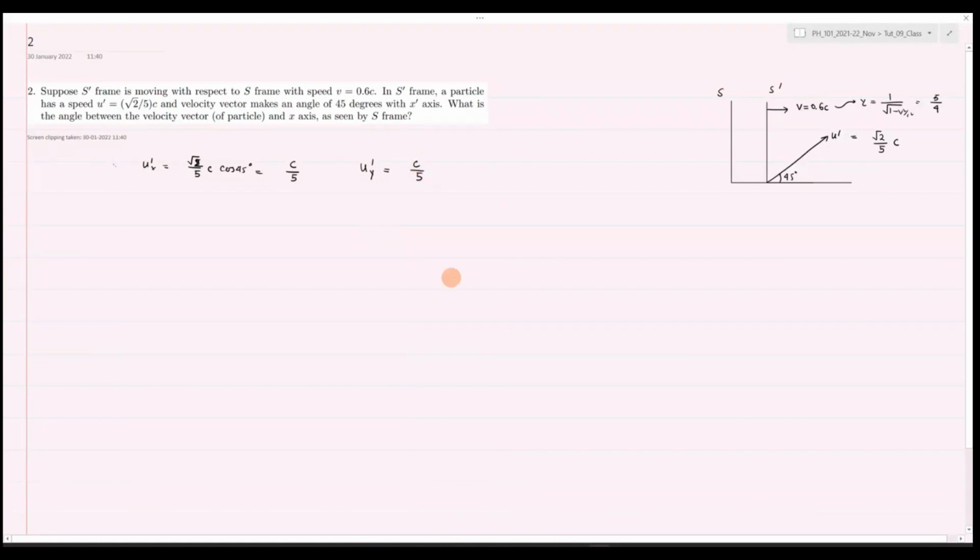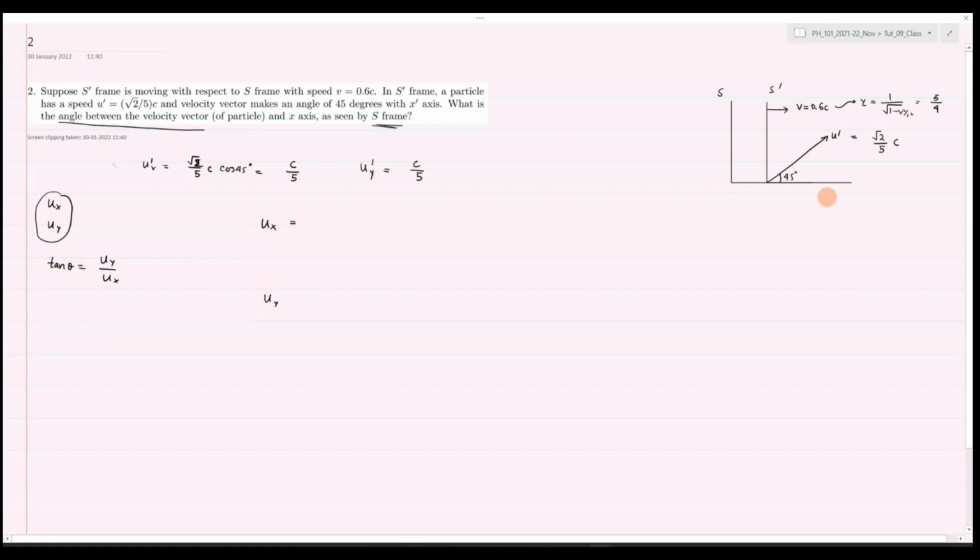So we know the velocity components of the particle in S prime frame. Now we want to know the angle of the velocity vector with the x-axis as seen by S frame. Suppose we somehow get ux and uy in S frame, then by writing tan theta equal to uy by ux, we can find it. So let us find ux and uy.